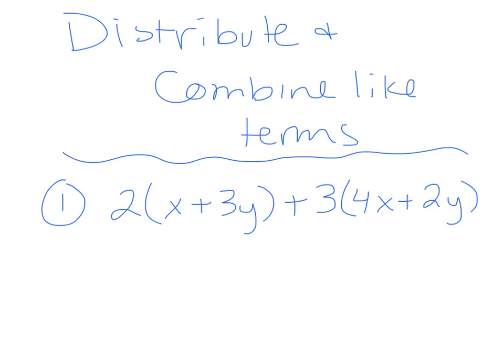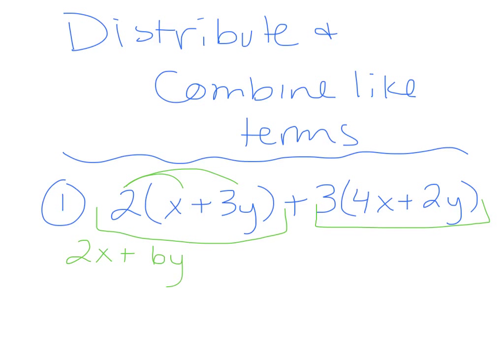Alright, this next part is where we're going to distribute and combine like terms. So there are 2 steps here. So first we're going to distribute this part, and then we're going to distribute in this part. So 2 times x gives me 2x. 2 times 3y gives me 6y. Then we're just going to plus, that's where this plus sign comes from. 3 times 4x gives me 12x.